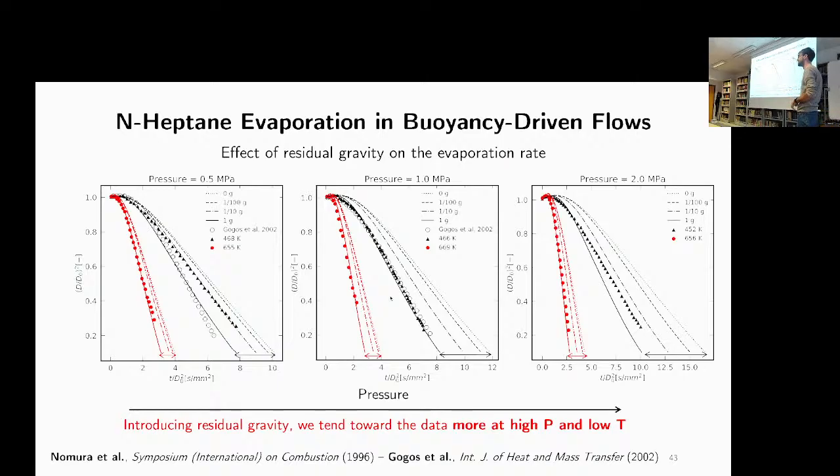Was that a drop tower or a parabolic flight? It was a drop tower. It's this old experiment from 1996 from Nomura. It's the classic set of experiments used by people, but they typically use just the ones at atmospheric pressure, and then we ignore why they don't work at higher pressure.